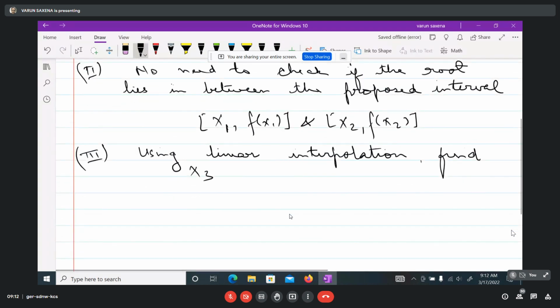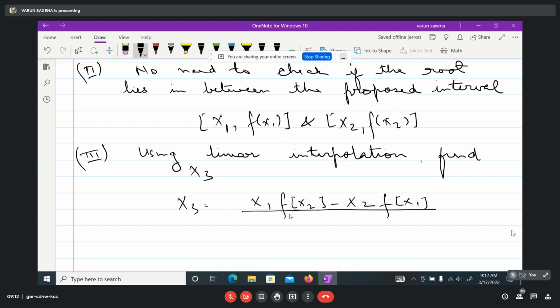And what's that value? It is x1 f(x2) minus x2 f(x1), divided by f(x2) minus f(x1).